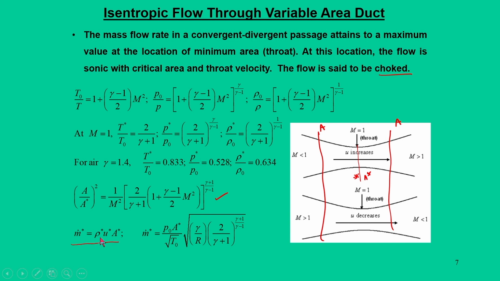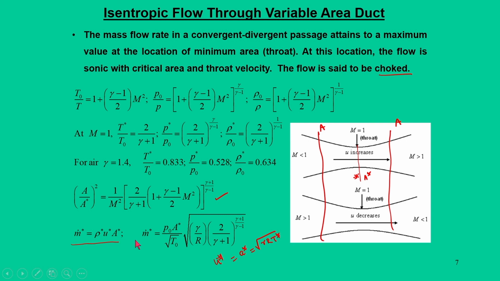So, we take the value of rho star from this equation, and u star is nothing but the square root of gamma r T star, and this T star will come from this relation. When you put all these things here along with A star, we can calculate the mass flow rate.